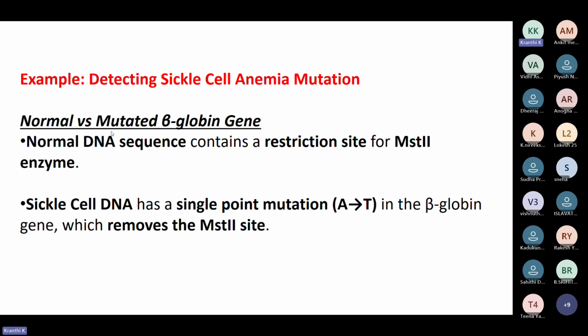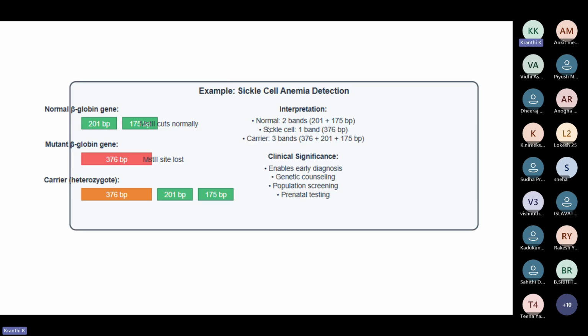So let us see. The normal DNA sequence contains a restriction site for the MstII enzyme. It's a restriction enzyme, and this MstII restriction enzyme can cut this gene sequence. Can you see this gene sequence? Actually, this gene sequence is 376 base pairs.